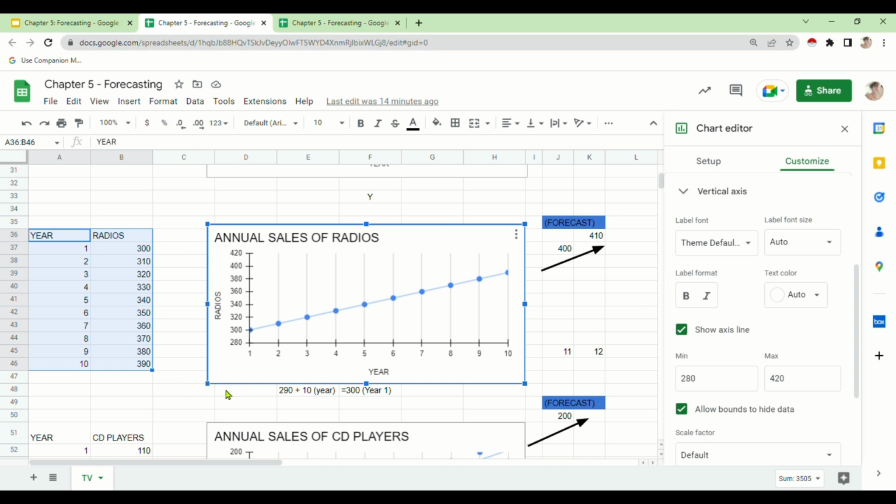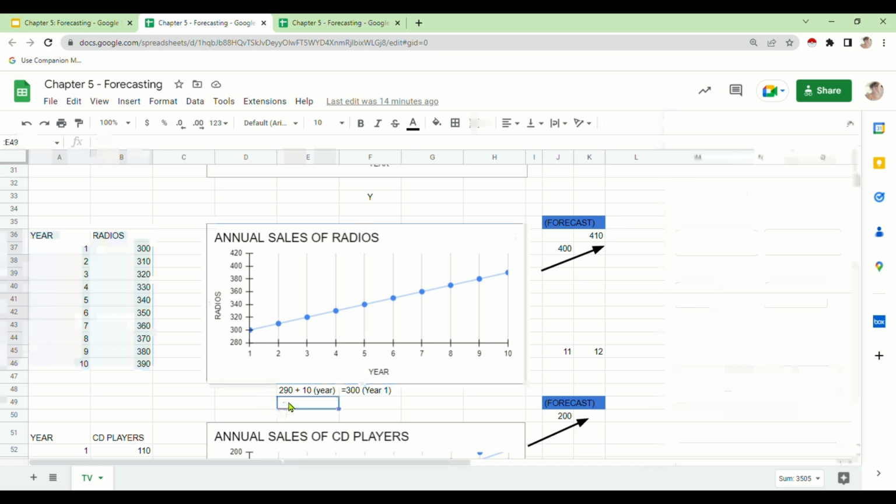If we extend back or left the vertical axis, we see that the sales would be 290 in year 0. Now we have the equation of 290 plus 10 is equal to 300 in year 1. So the graph describes the relationship between time and the sales.